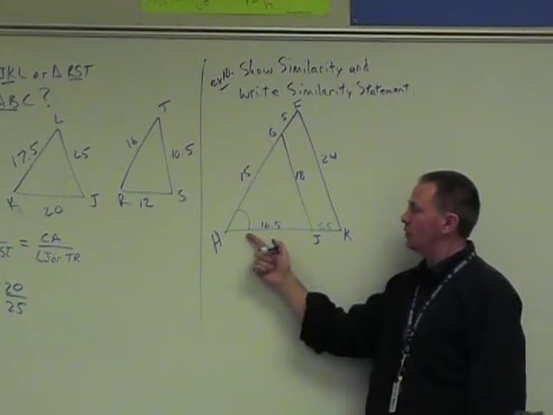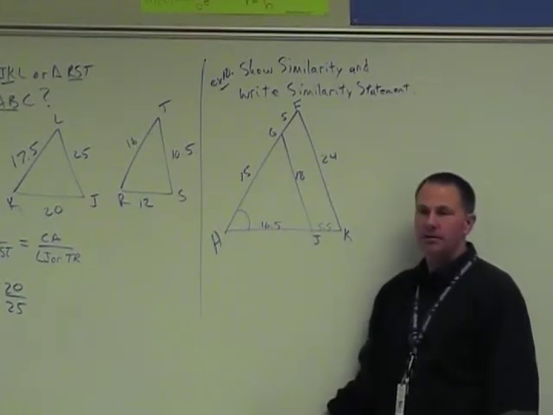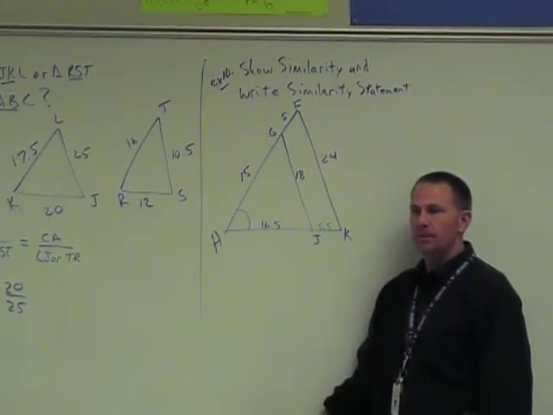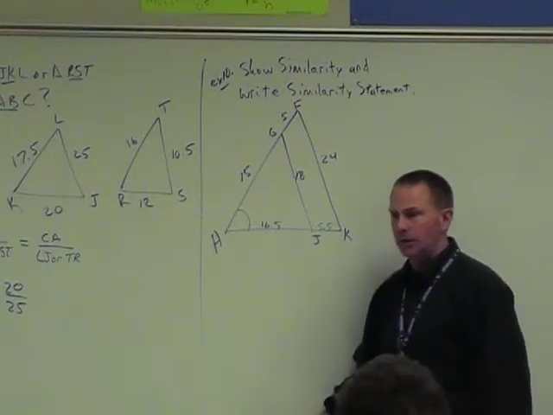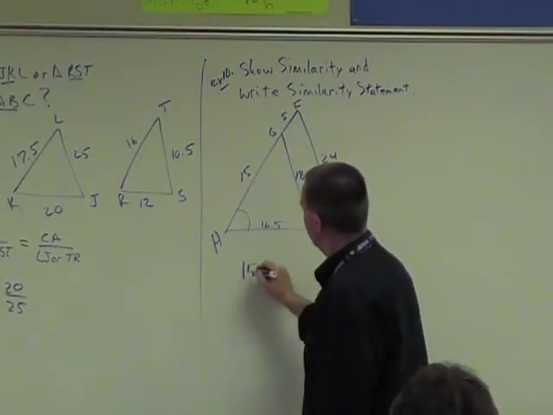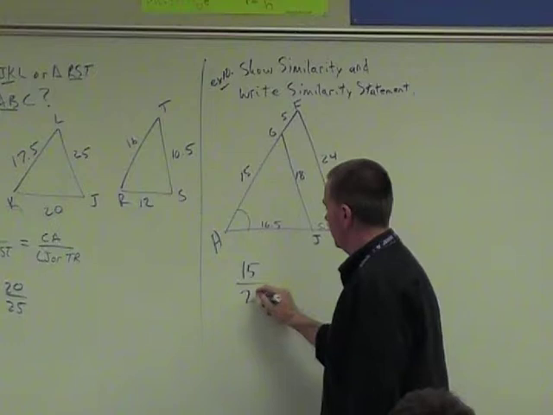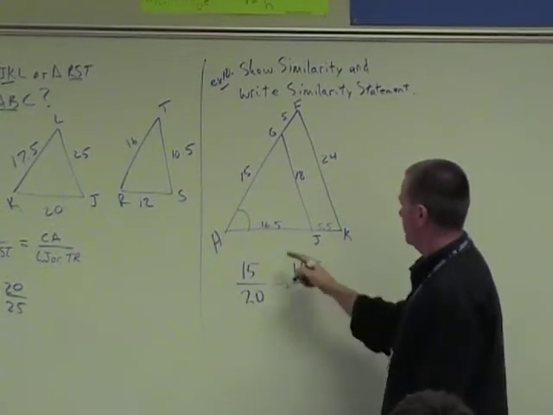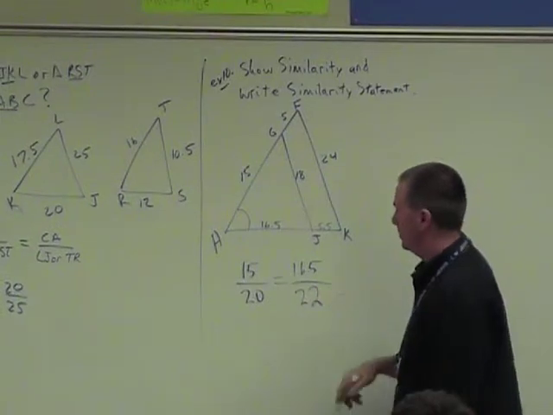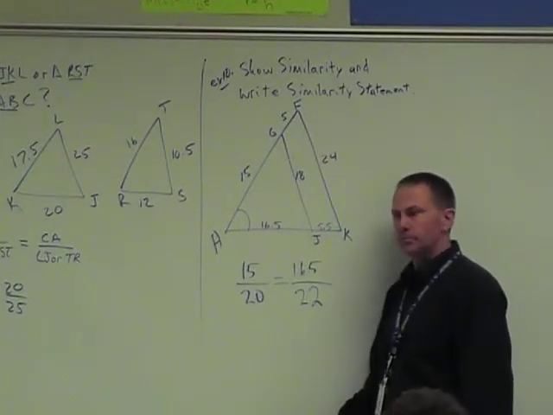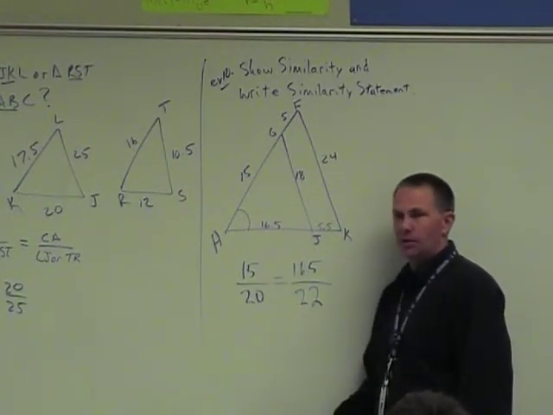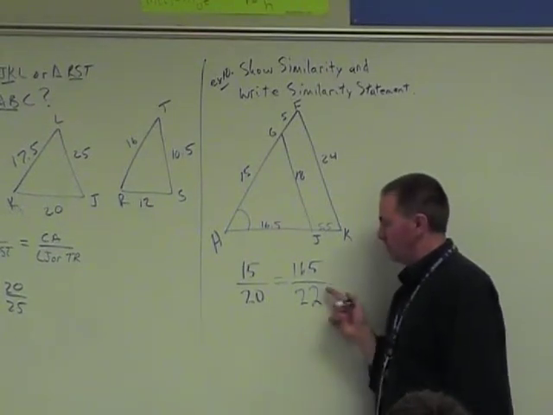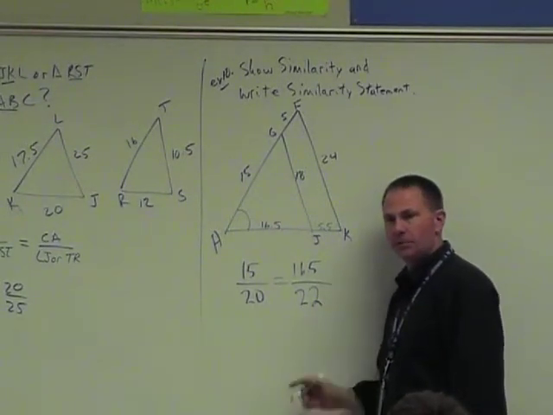So all you have to do is check these sides for the proportions. If they're proportional, then you got it. So 15 is to 20, as 16.5 is to 22. So this is 3/5. What is that? This is 0.6.